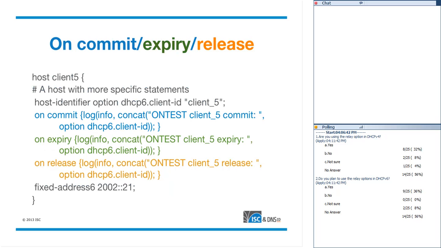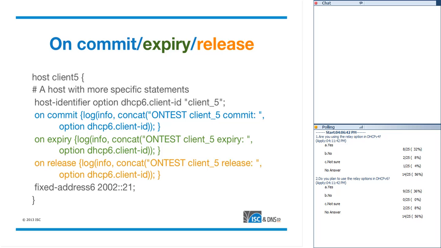So this should look pretty similar to anybody who's already using these. This particular snippet is from one of my test files, so that's why it's got all the on test and so on. It is just an example more than anything else. You'd probably want to do different things for your own purposes, but it shows what you can do. So you have the on commit, and then log, so we're going to log the information.